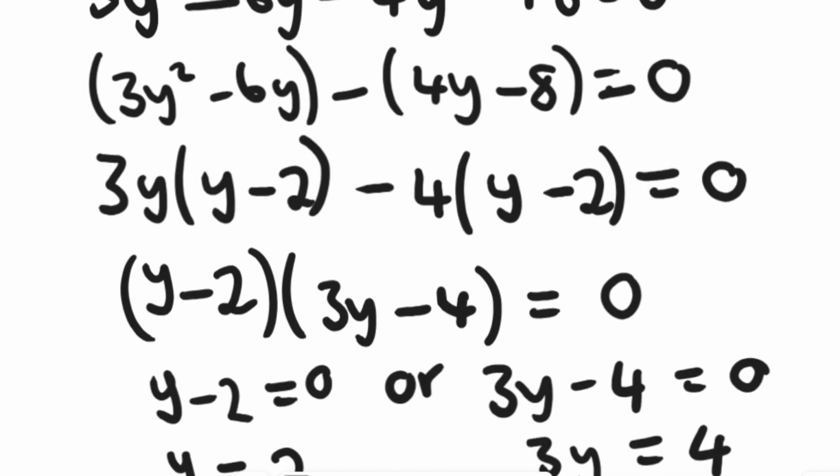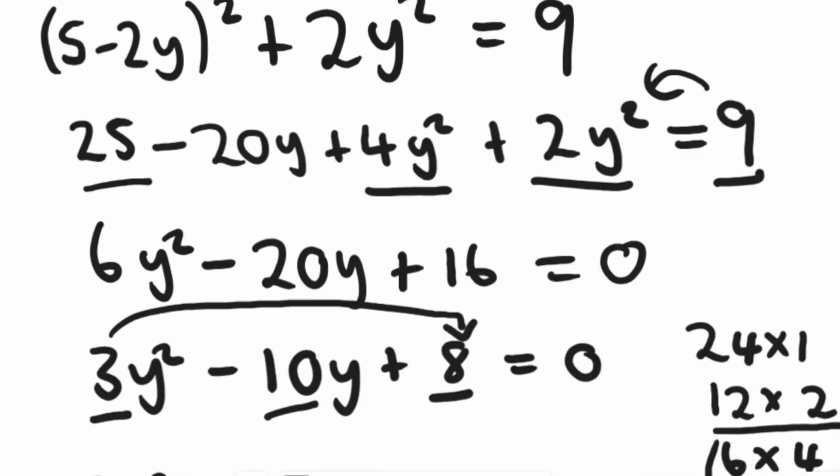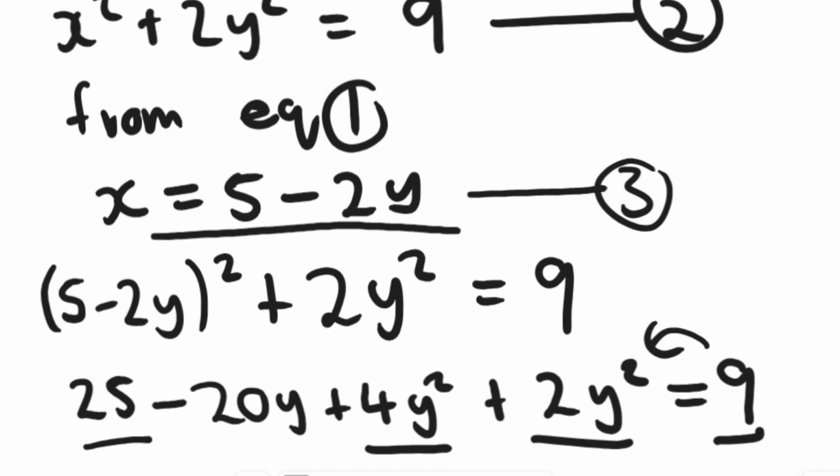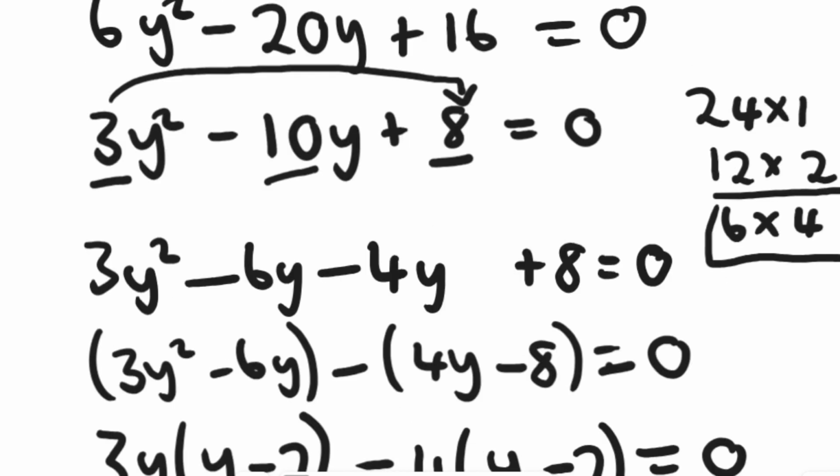Okay, and those are the values of y, but we are not done. Remember, we said on top there x is equals to 5 minus 2y. We must use this equation now, our equation 3, to solve for the values of x for these two equations to be true. Remember our x is 5 minus 2y. That's what we're going to use there at the bottom.